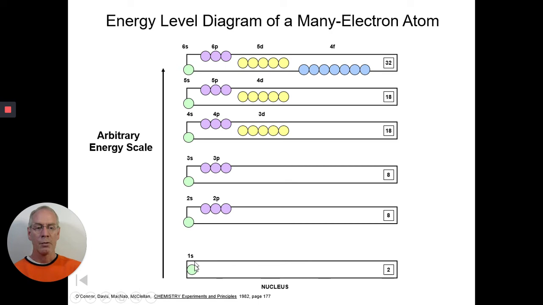So look at the order: 1s2, 2s2, 2p6, 3s2, 3p6, 4s2, 3d10, 4p6, 5s2, 4d10, 5p6. I'm just simply going in order from the bottom up. When you're in class, I will be pointing to the periodic table and saying these, and it's going to make even more sense to you.